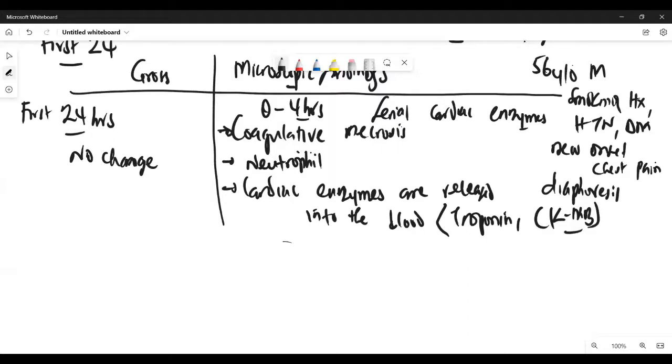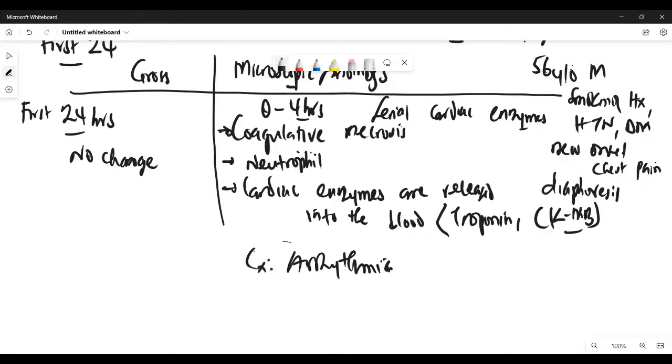Most likely, the most common cause of death in this time frame is usually arrhythmia. So arrhythmia is a big complication at this time, particularly ventricular fibrillation or ventricular tachycardia. Very important, we need to remember this.